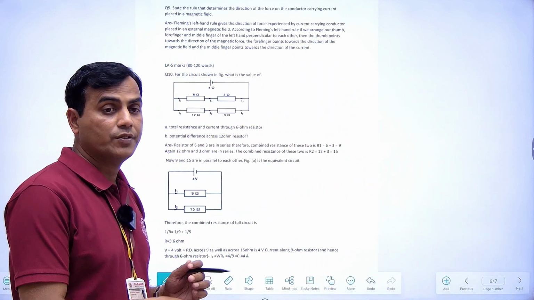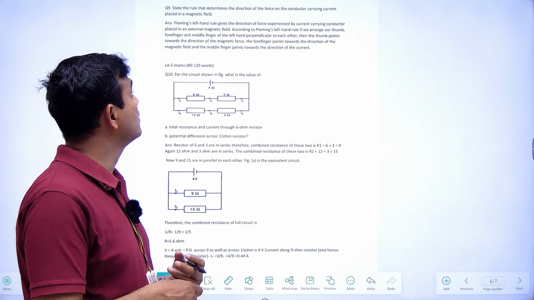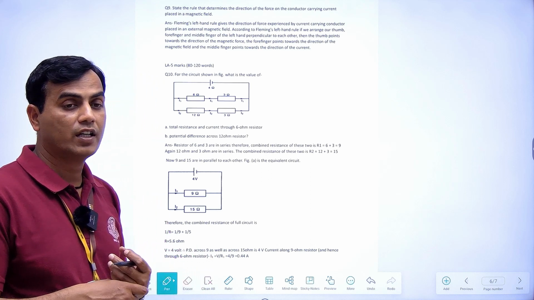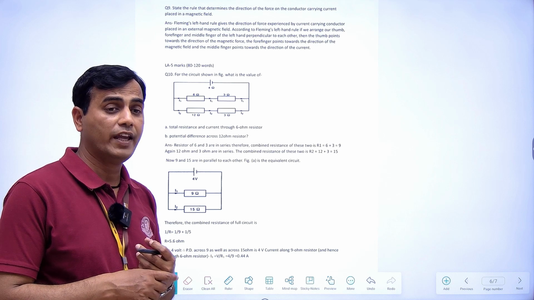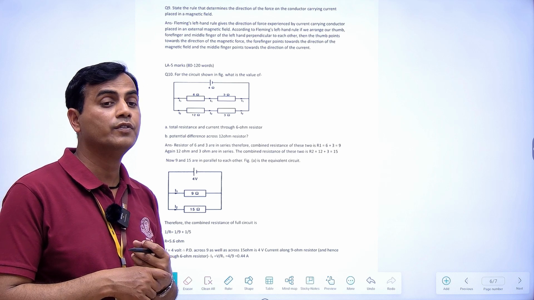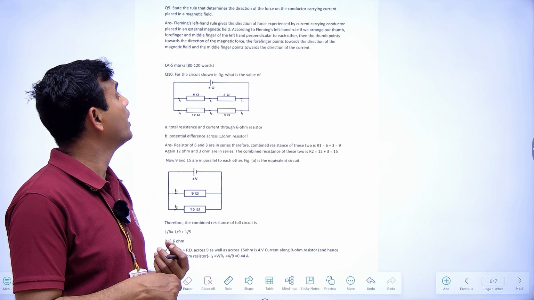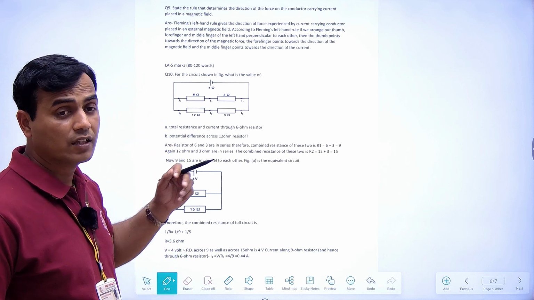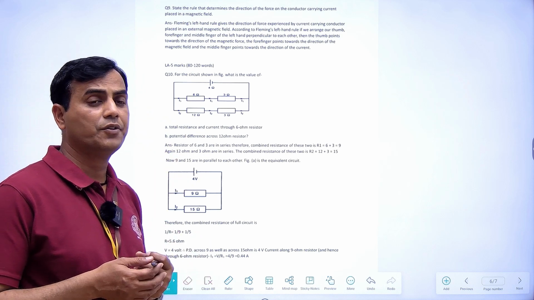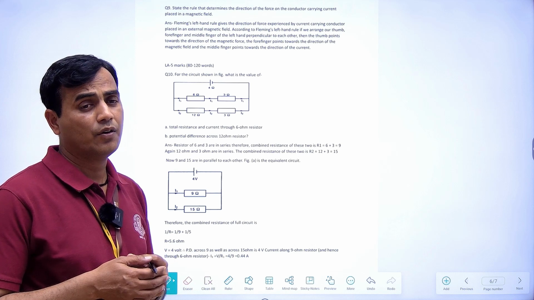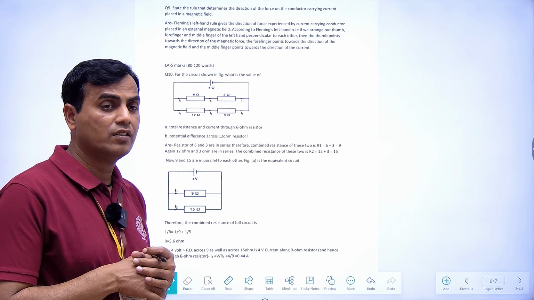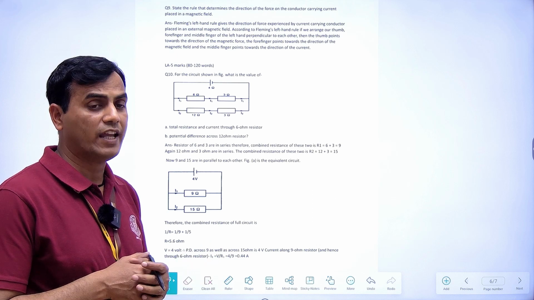Now we are coming to the next question, which is from magnetic effect of current, and this is from essay 2 type of question, which is of 3 marks. Here the magnetic effect question can be somewhat related to theoretical part, or maybe any derivation, or maybe any diagram also.